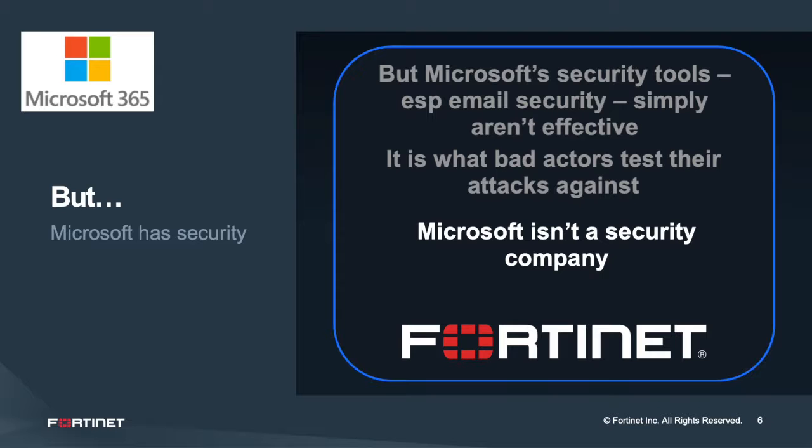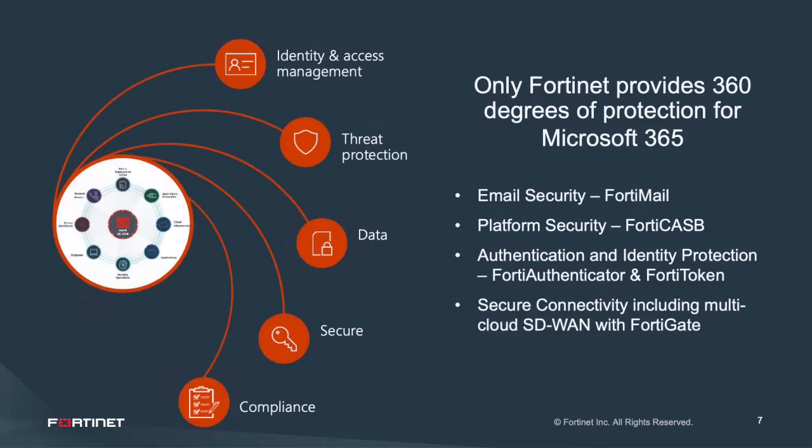That's where we are coming in. What we are proposing from our portfolio to be used for securing M365 is, well, we have FortiMail. Email is the most important aspect that should be secured. Then there's the platform, where we have CASB, Cloud Access Security Broker.